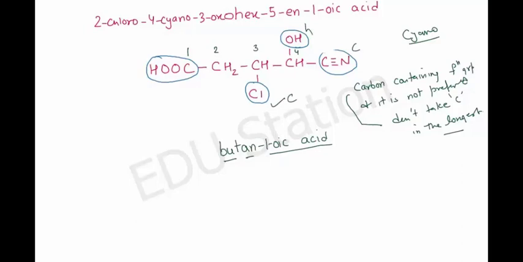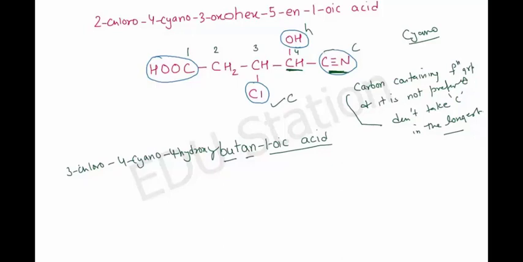So it will be 3-chloro, 4-cyano, 4-hydroxy. You don't have 5-cyano. Actually, cyano is attached to the 4th carbon. Cyano means CN. CN is not attached to the 5th carbon. It is attached to the 4th carbon.